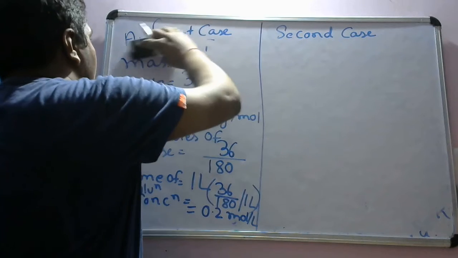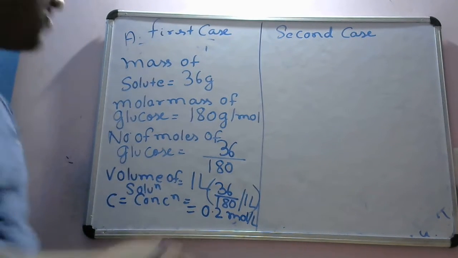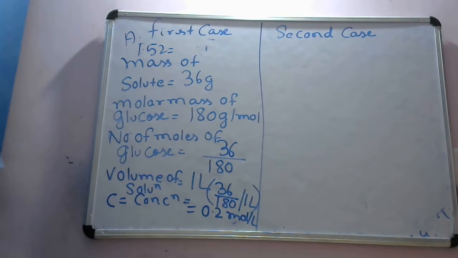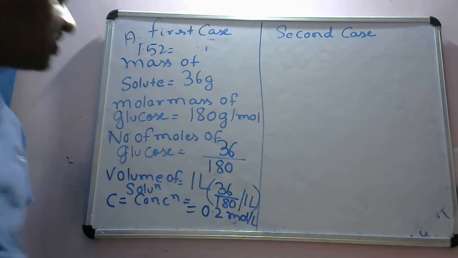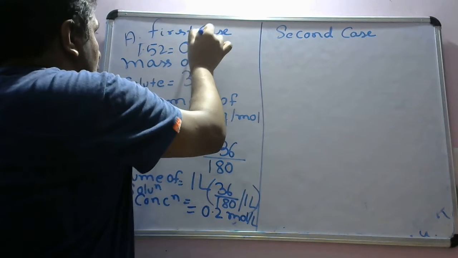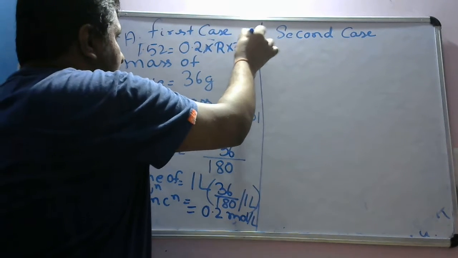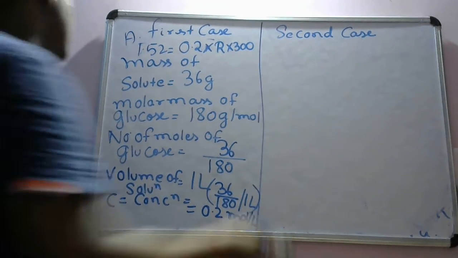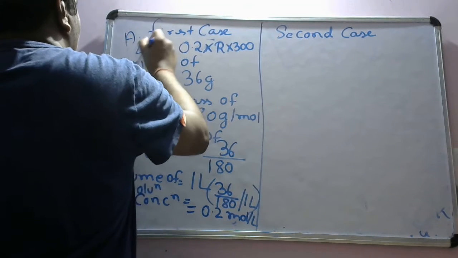So if you apply this equation, you will get the value to be 1.52 equal to C, concentration is known to us, 0.2 moles per liter, R into 300 Kelvin. Alright, not 1.52, it is 4.98.